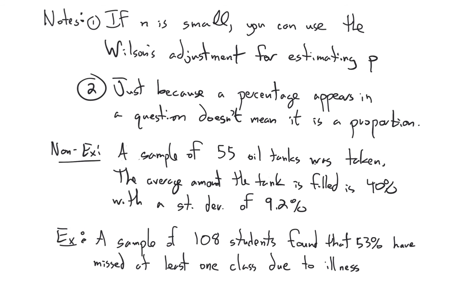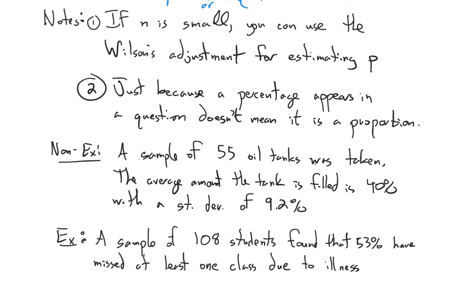A few notes here. The first one we're not going to deal with in this course, but if you have a small sample size, if n is small, and remember, that really means a combination of looking at n times p and n times q. If these are small, so n times p is less than 15, or, I should say, or, not and, n times q is less than 15.